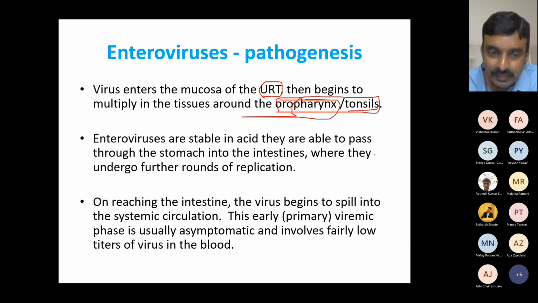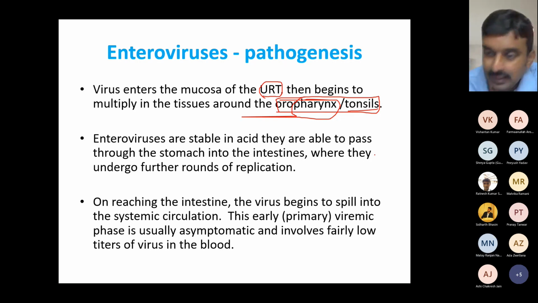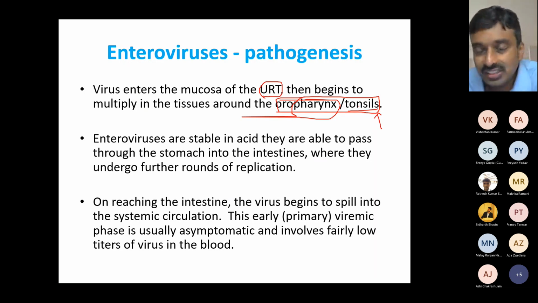Now, tonsils, everybody knows. What are tonsils? Guys, all of you know what tonsils are. They are lymphoid tissue, although not present in Peyer's patches. Peyer's patches are somewhere in the intestine.